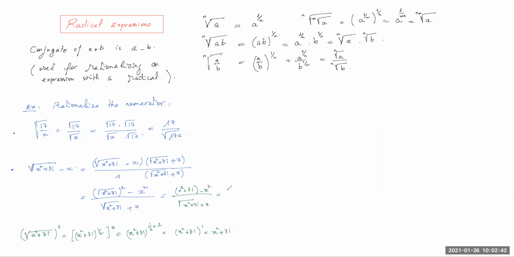And if you simplify, you get exactly x² over the square root of x² plus 31 plus x, and like that we rationalize the numerator. Let's now see an example where we will rationalize the denominator.